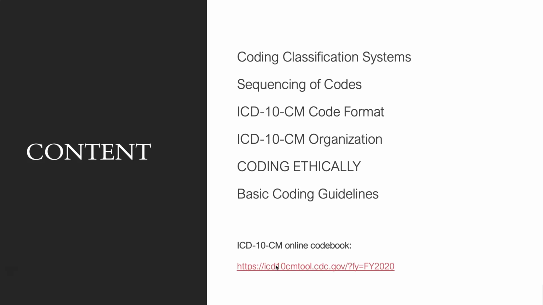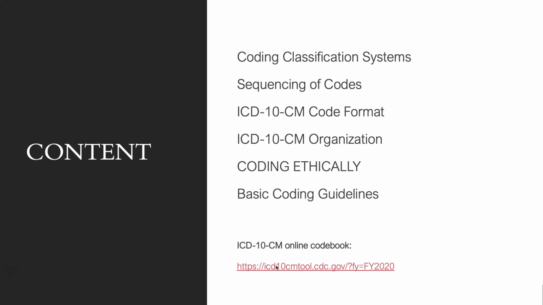This is the CDC link I was talking to you about the other day that's really easy to use and that I'll show you how to use as we go along. And the address for that is https://ICD10CMtool.cdc.gov/?fy=FY2020.